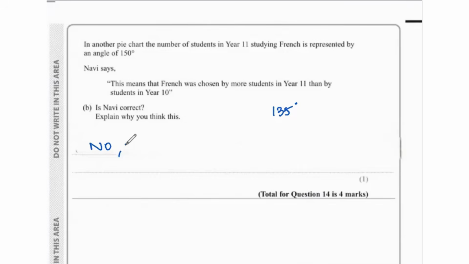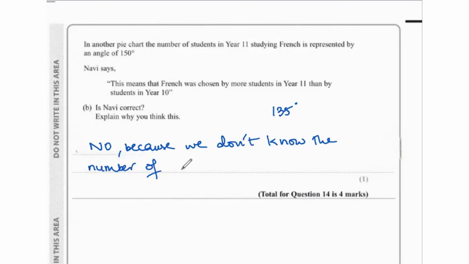So no, because we don't know the number of students in year 11. If that was known, then we could have found out the number of students studying French from year 11, and then we could have compared. But right now we cannot.